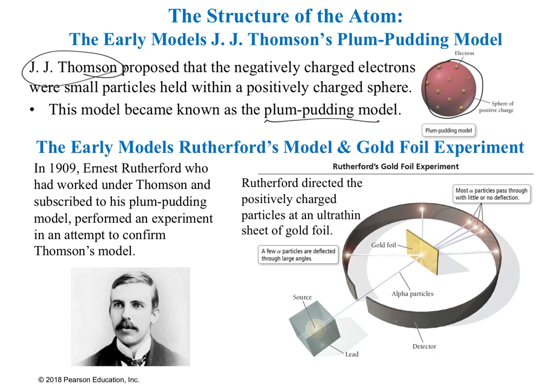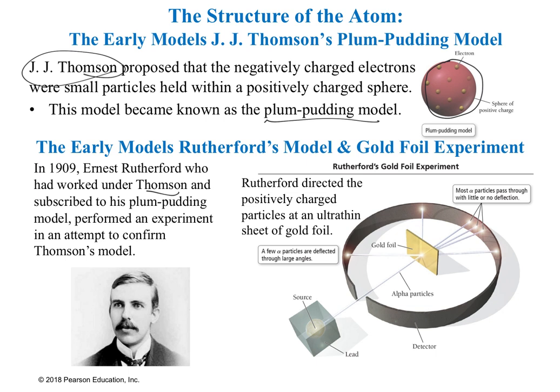But one of the next great experiments was done in 1909 by Ernest Rutherford, and he was a student of J.J. Thomson. In order to confirm that plum pudding model, he did this experiment.